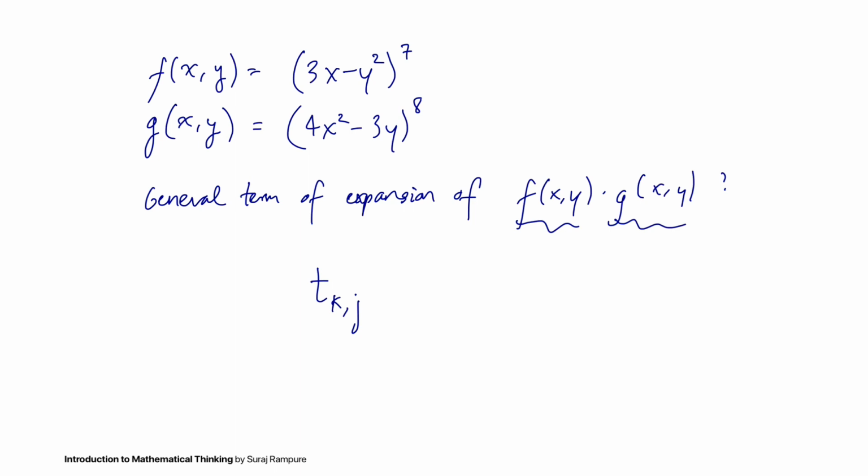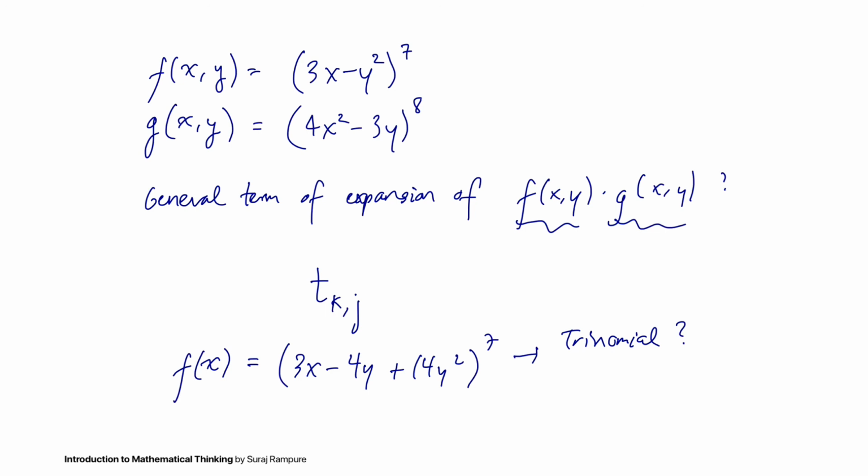And the last extension of this idea is, what if instead of a binomial, we look at a trinomial. So pretend we have (3x - 4y + 14y^2)^7. So there we're looking at trinomials instead of binomials. Okay? So how do we extend this? Any ideas?